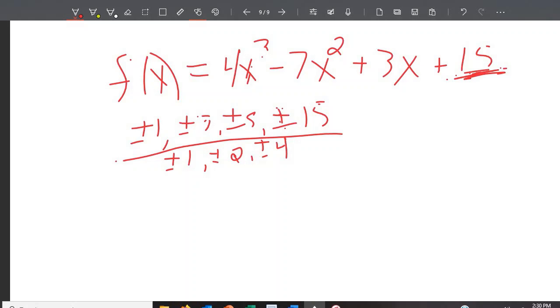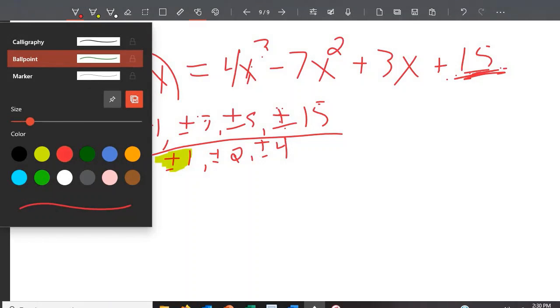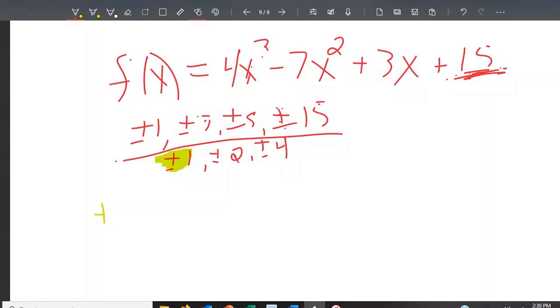Now, first thing I'm going to do is divide the top numbers by 1. When I divide the top numbers by 1, we'll get plus or minus 1, plus or minus 3, plus or minus 5, plus or minus 15. Then I'm going to take the top and divide everything by 2.